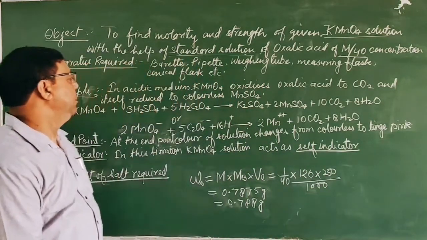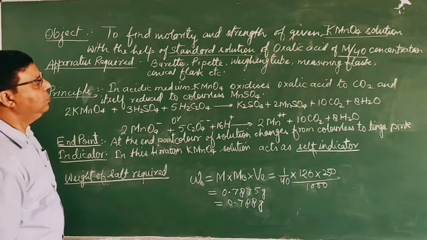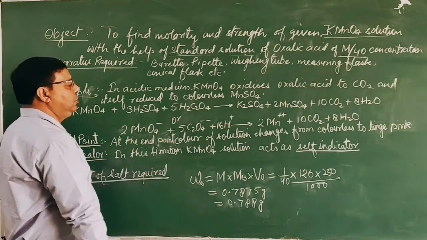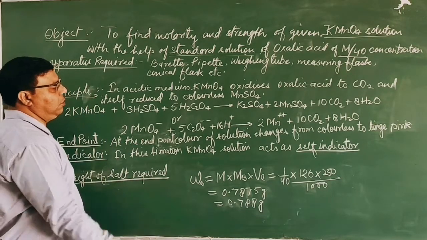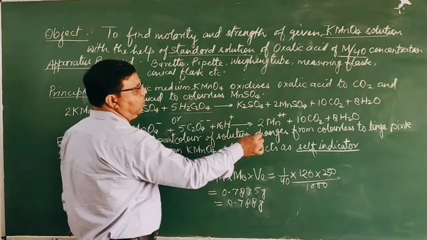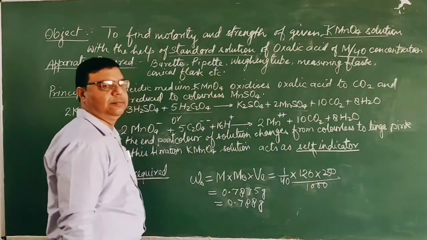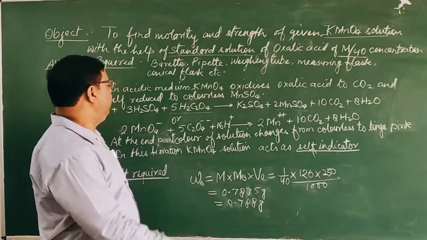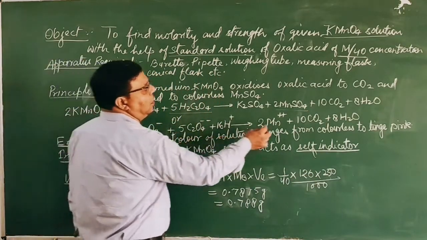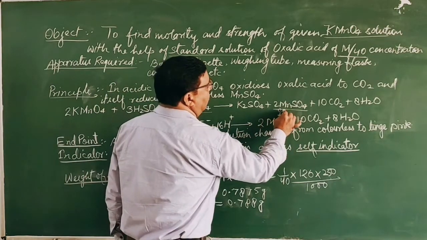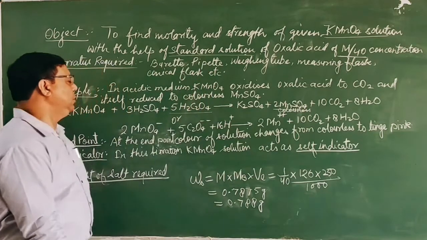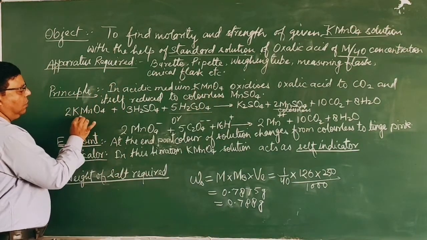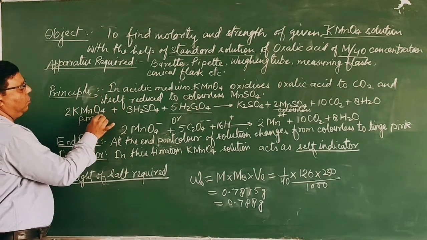What is the principle? I have already told you that it is a redox titration. In this titration, potassium permanganate oxidizes oxalic acid, and itself is reduced to colorless MnSO4. Here MnSO4 is colorless, while before the reaction the KMnO4 is dark purple or violet in color.